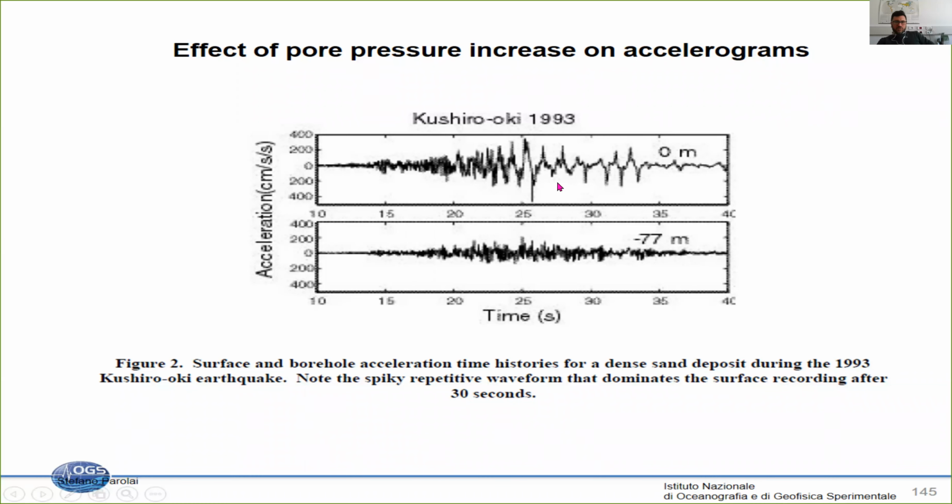So this is really still one of the most complicated things also for the simulation. Of course, we have tools also for simulating liquefaction, but these tools require a huge number of parameters that we can only approximate in the numerical simulation when we want to cover an area.